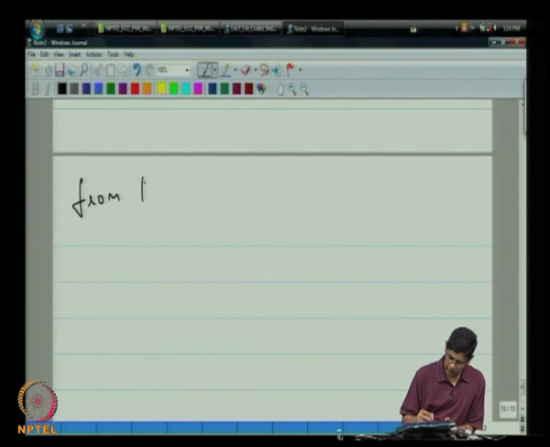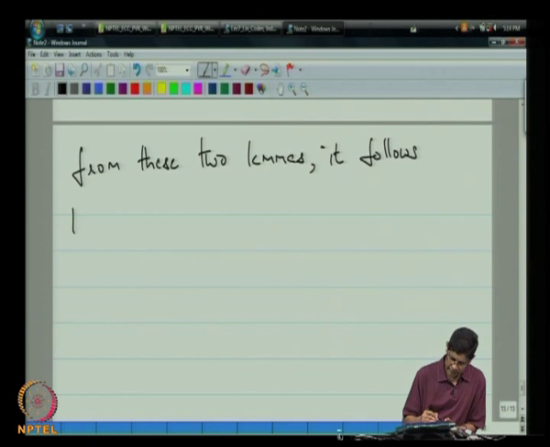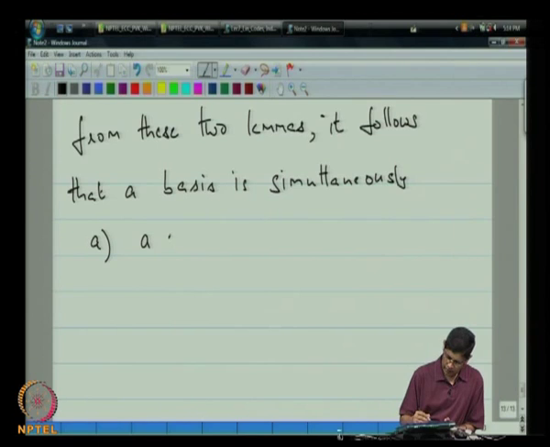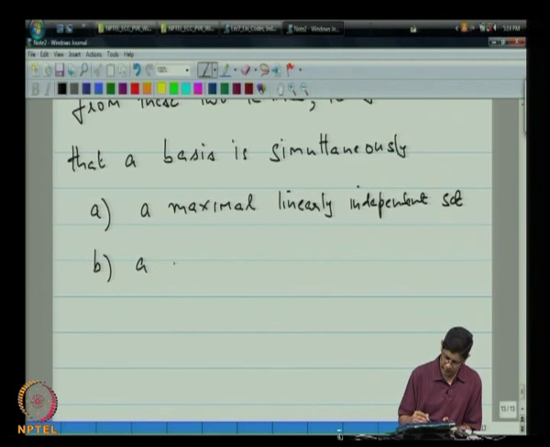From these two lemmas, it follows that a basis is simultaneously a maximal linearly independent set and a minimal spanning set.